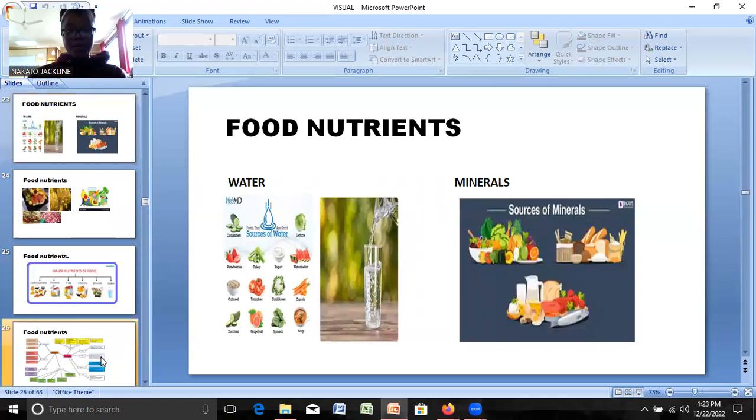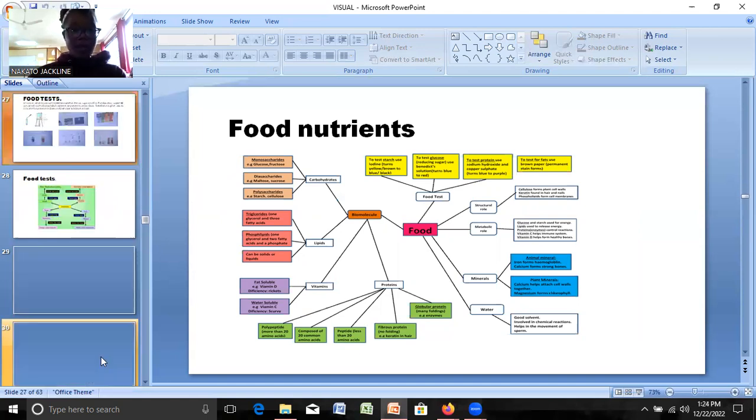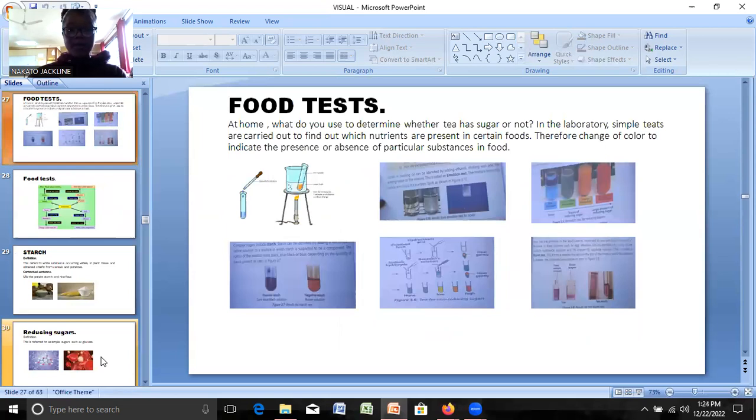This is a concept map explaining the food nutrients, what nutrients we have in the food, and where the food sources we get from each type of food nutrient are.